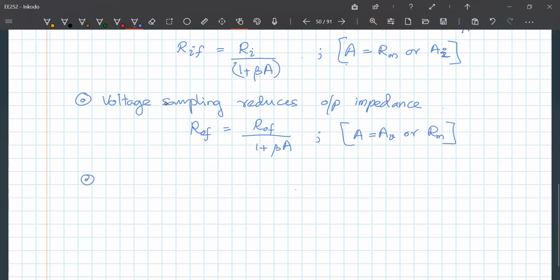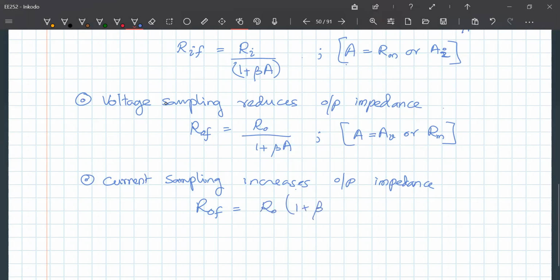Similarly, the last one is current sampling. It increases the output resistance. So you can write the output impedance with feedback is equal to RO times 1 plus beta A. Sorry, this is RO, not ROF, I made a mistake there again.